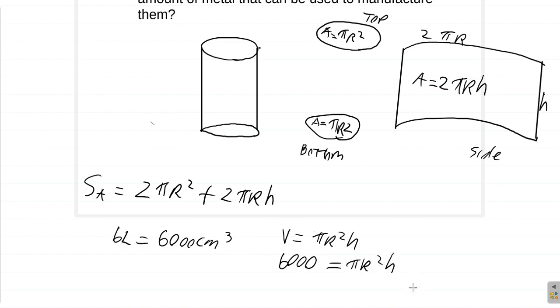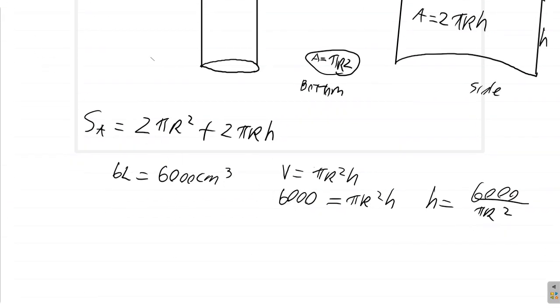When you transpose this, h will be equal to what? 6,000 over pi r squared. So you could put this there. The surface area would be 2 pi r squared.